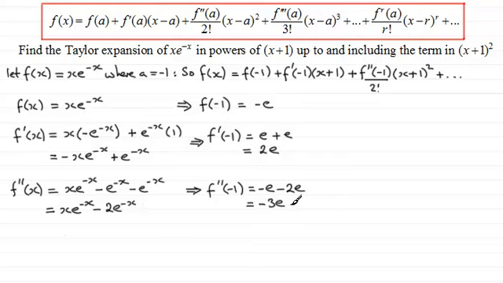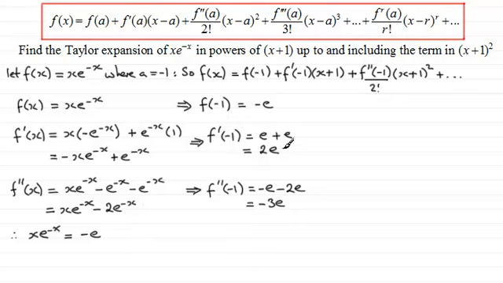So we can now find the Taylor's expansion of f of x, that is xe to the minus x, by substituting our values into the Taylor expansion here. So xe to the minus x is going to be equal to f of minus 1, which is minus e. And to this, we add f dash of minus 1 times x plus 1.